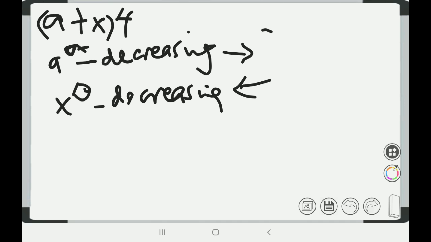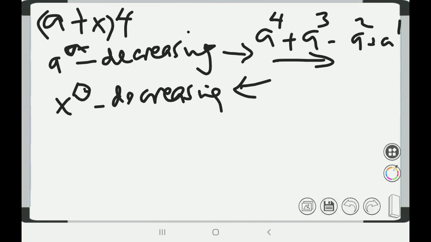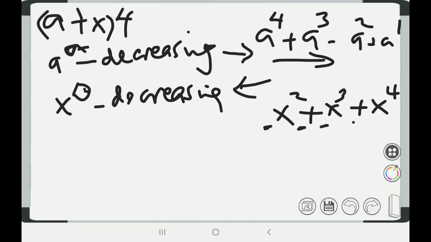I mean it should be a raised to 4, a raised to 3, a raised to 2, and a raised to 1. So it is decreasing towards the right. But for x, the end is x raised to 4, here is x raised to 3, here is x raised to 2, so it is decreasing towards the left.